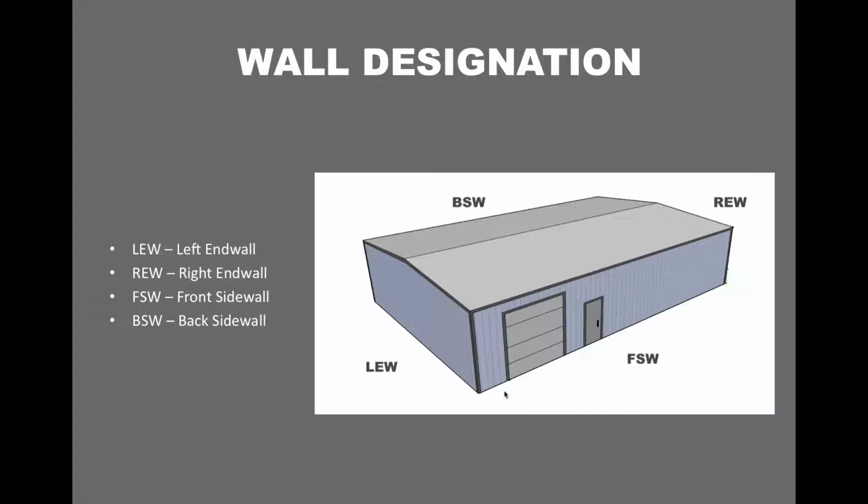And based off of that sentence right there, he's going to know exactly where to put this door. Or they may ask you something like, where do you want your doors? And you can say, I want them spaced evenly on the front side wall, something like that. So you'll start to see these pop up, so it's a good idea to know what they mean. Again, it's left end wall, right end wall, front side wall, back side wall.